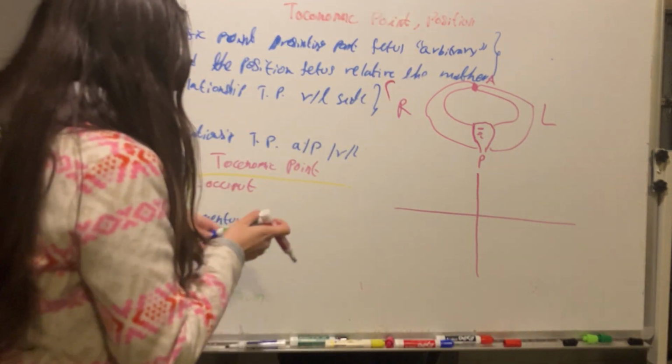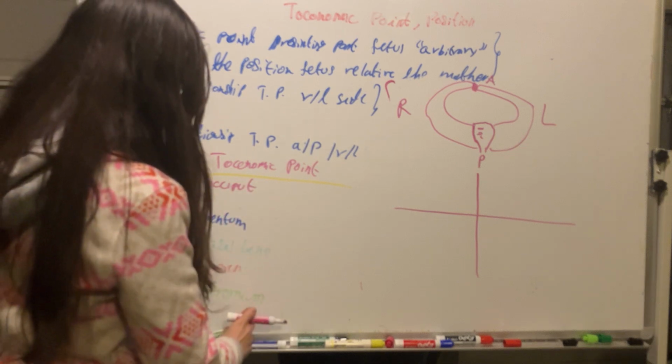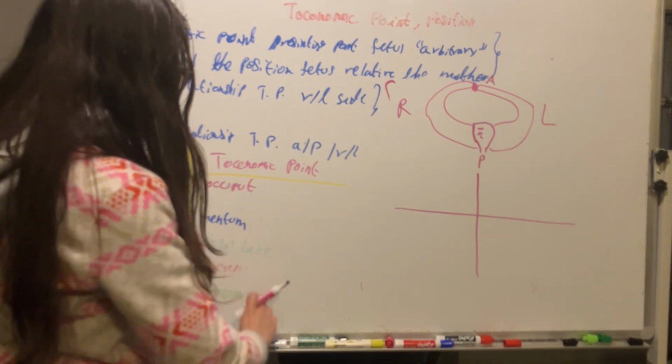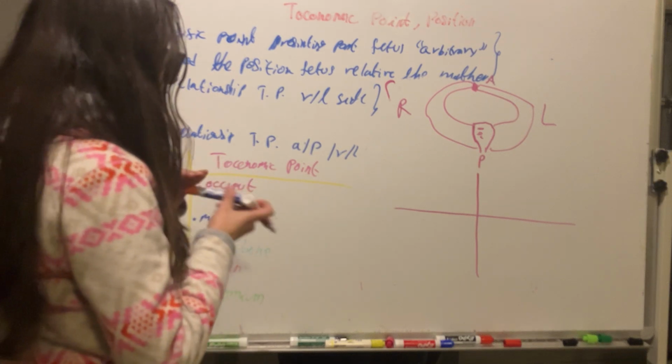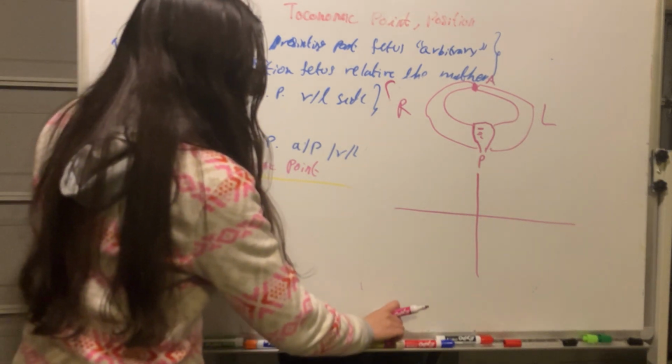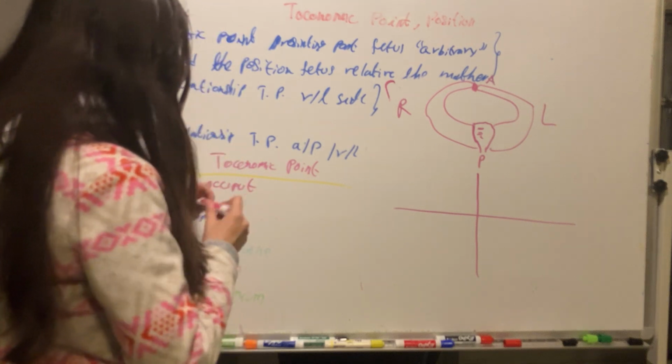So what are the varieties of position that the tocogonic point can have?